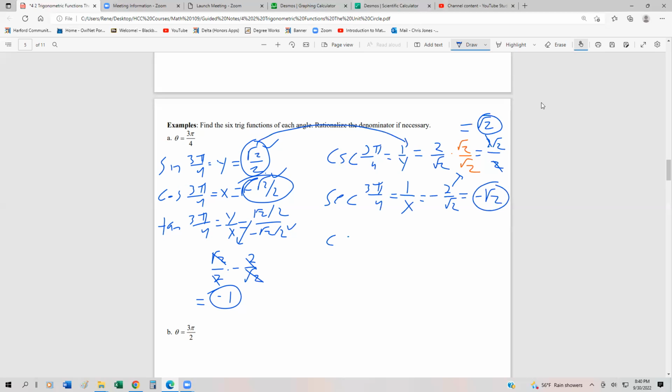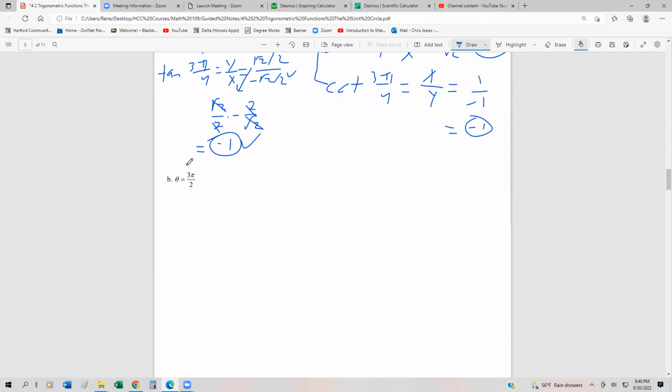Finally, for the cotangent at 3 pi fourths, we just take the reciprocal of negative 1, because that's going to be x over y, and that's going to be 1 over negative 1, the reciprocal of negative 1, which will be negative 1. All right. You can always check these in the calculator. And what I would do is I would just recommend picking one of these 3 to check, just like we did in the previous video, in your calculator.